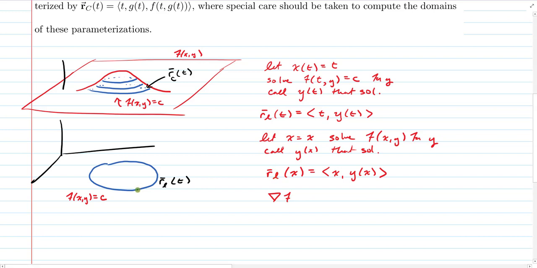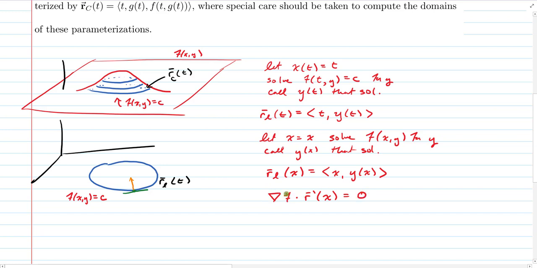That is, if we were to put a tangent line onto this level curve right here, that tangent line would always be orthogonal to the gradient vector. There's the gradient vector. Let's dot it with a tangent vector to this level curve, which, if we're using this particular parameterization, would be r prime of x. These two we know to always be orthogonal, so that dot product is always going to be 0.